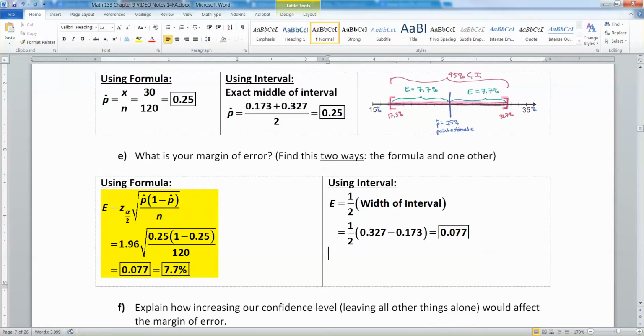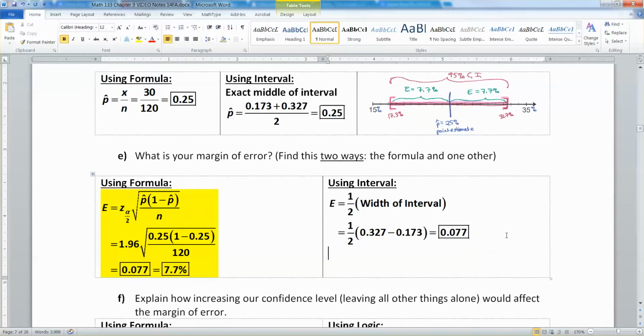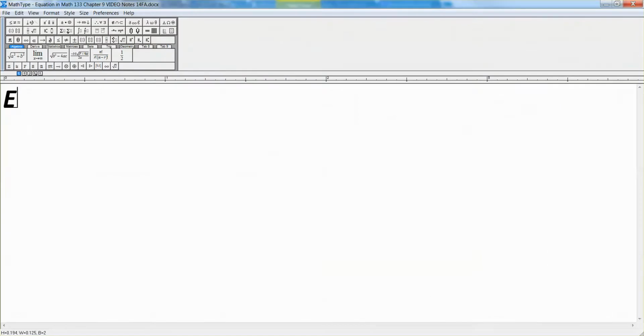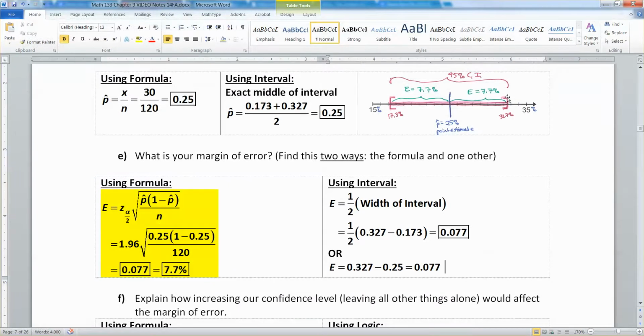Another way to find it would be to take the high value, which is 0.327, so error equals 0.327, take away the center, which is 0.25. That would also work, right? Because it's the distance between this pink edge over here and the center, which is the blue, which is 0.25.